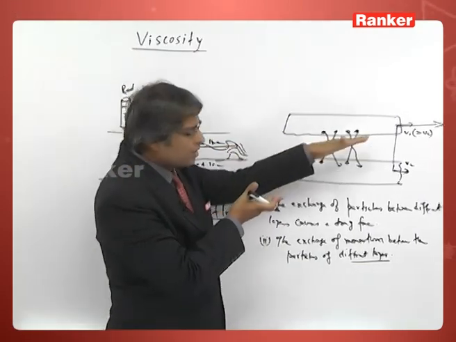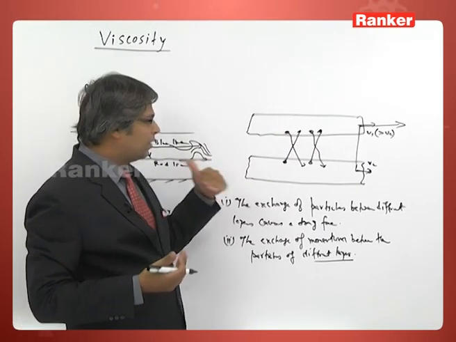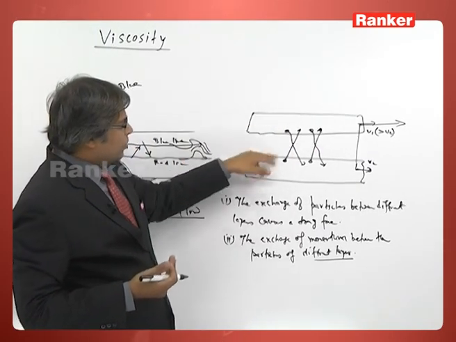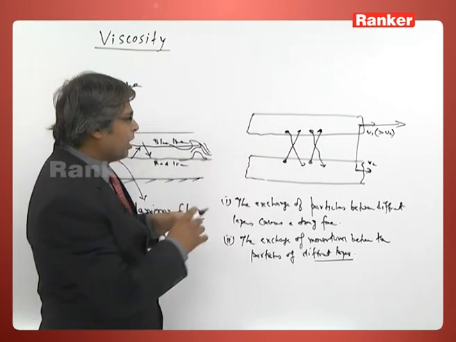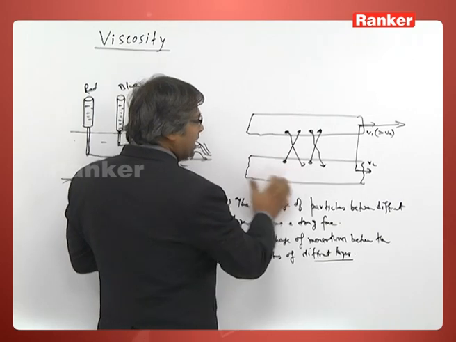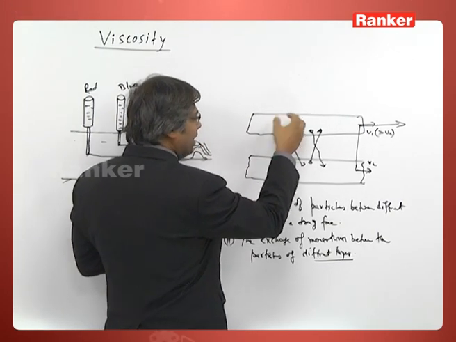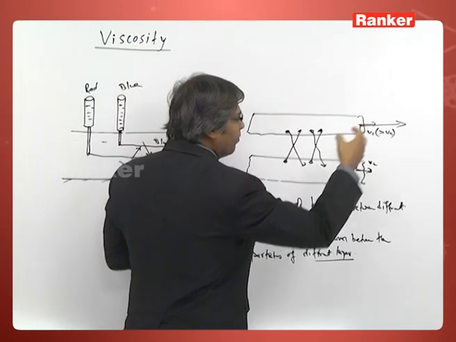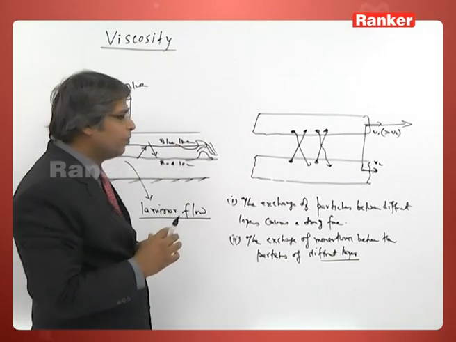One, when we have two fluid layers, laminar flow means different layers will have different velocities. So, what will happen? This particle goes into this medium, where the particles have a lesser velocity. When it goes to this medium, suddenly their velocity is increased, so they give a back reaction force.